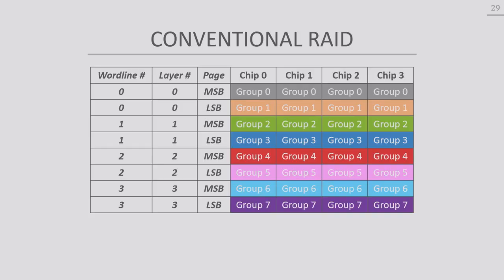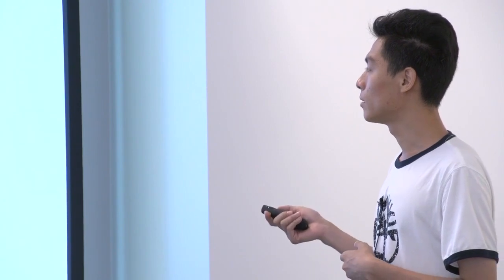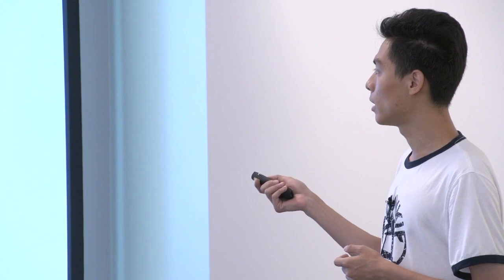So to give you a quick refresher of how conventional RAID is applied on enterprise class SSDs, this is a diagram that shows it. Essentially, conventional RAID is deployed on enterprise SSDs to tolerate chip-to-chip process variation.